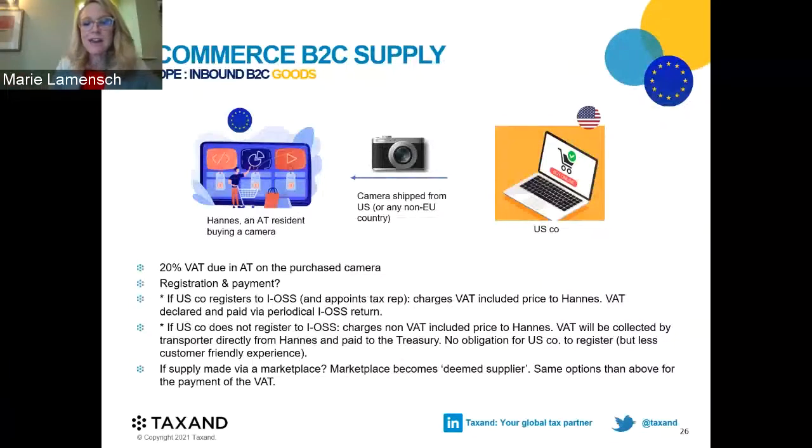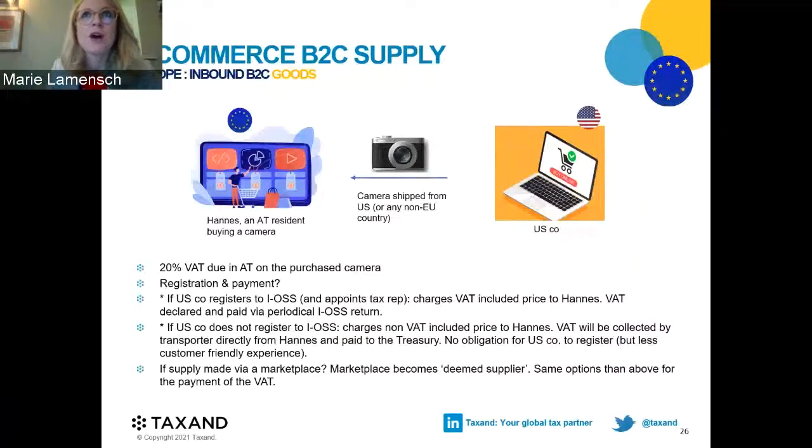So this is like the plan B because they realize that not everybody's going to be willing to register to the IOSS, also taking into consideration that you need to have a tax representative to be allowed to register into the IOSS.